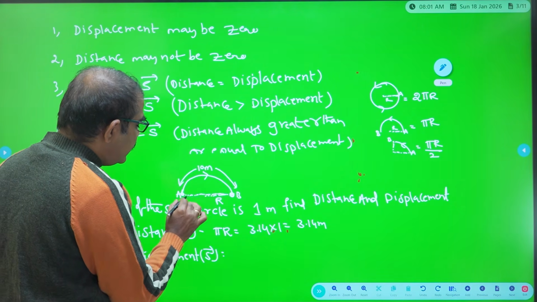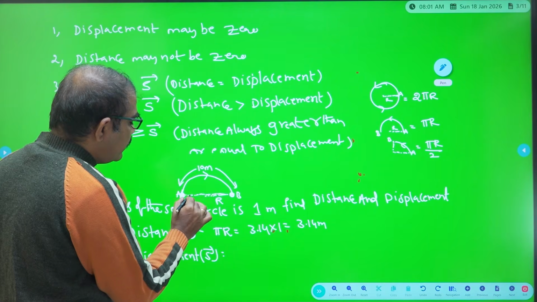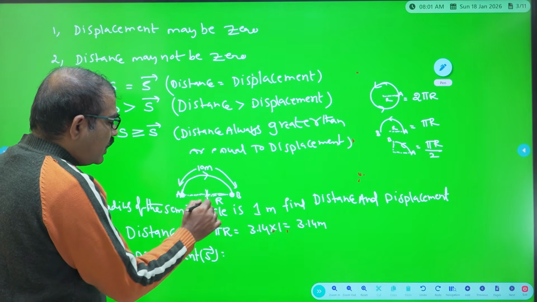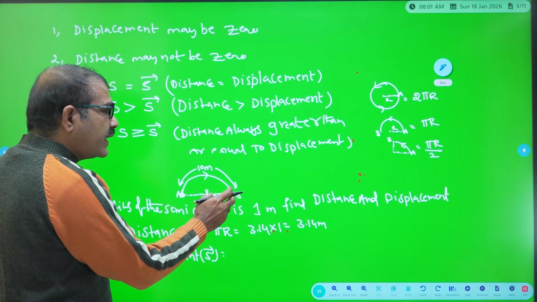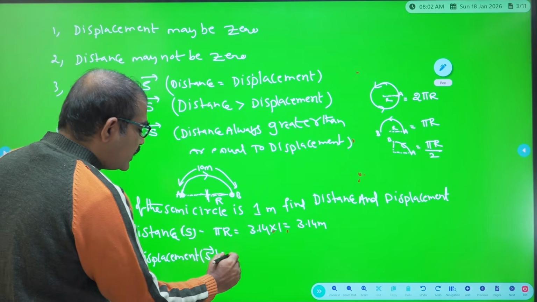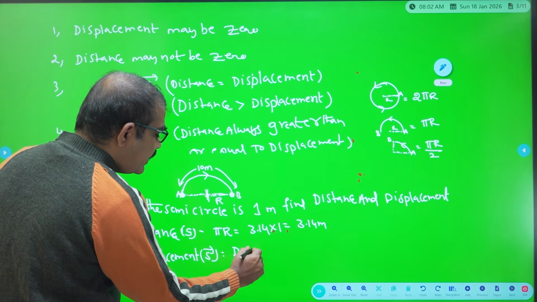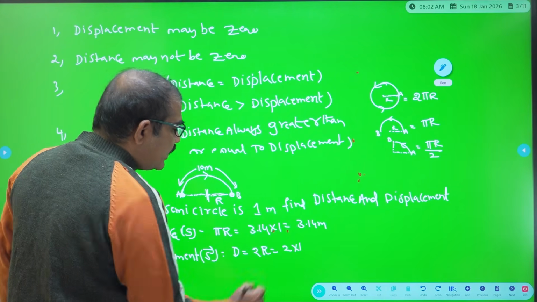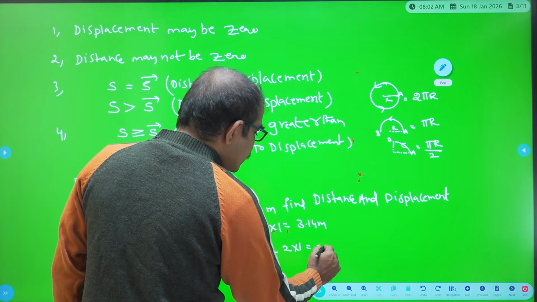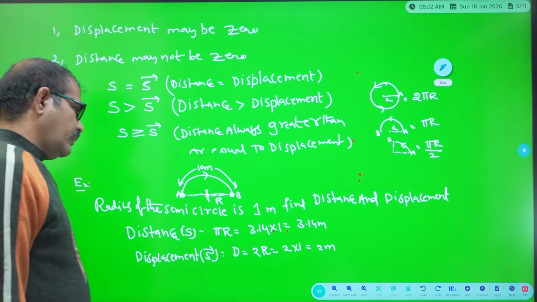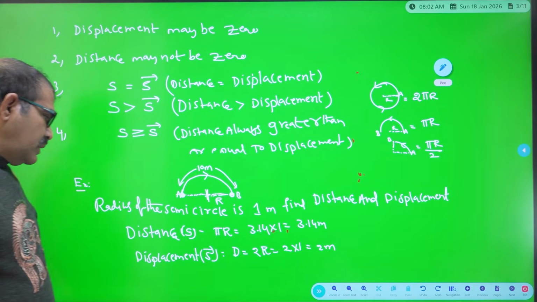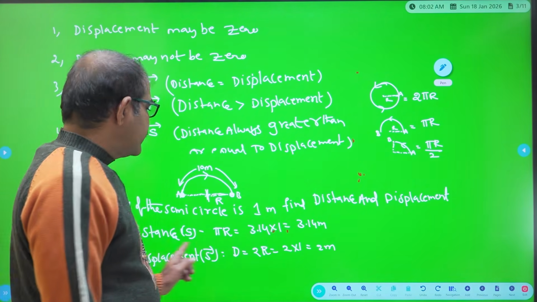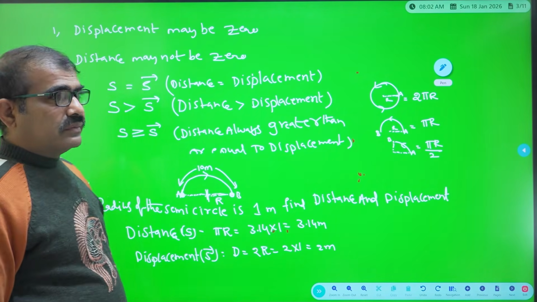Up to here radius r, again radius r, that is the diameter, which is 2 into radius, 2 times 1 meter, that is 2 meter. 2 meter is the displacement. Distance is 3.14 meter.